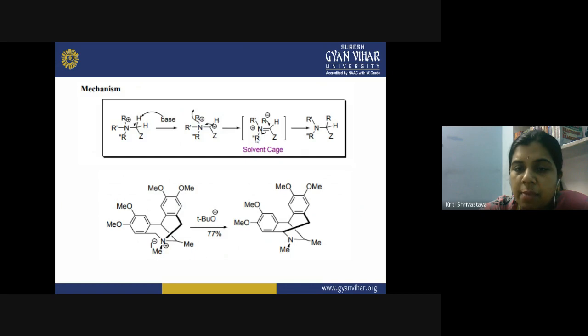This type of reaction takes place inside the solvent cage, and in this manner the product is formed. This is an example of this type of rearrangement, where the migration takes place from the quaternary ammonium nitrogen to the electron rich carbon.